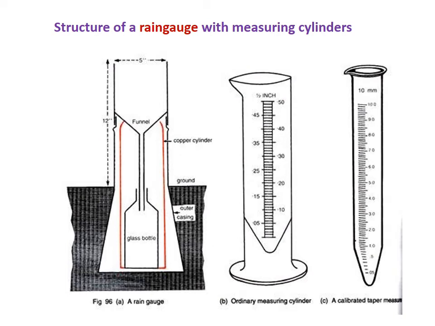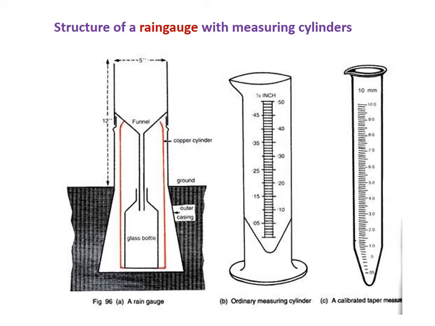We again go into the structure of a rain gauge. As I have told you, you have a funnel at the top, which leads to a glass bottle instead of a measuring cylinder, and this glass bottle can be emptied into a measuring cylinder, and you can measure how many millimeters or how many liters of water has collected.